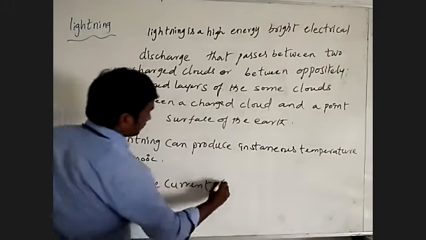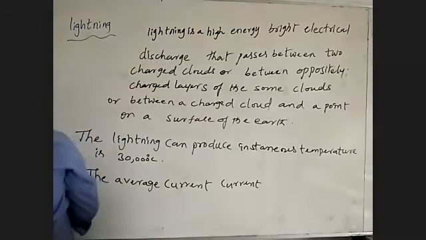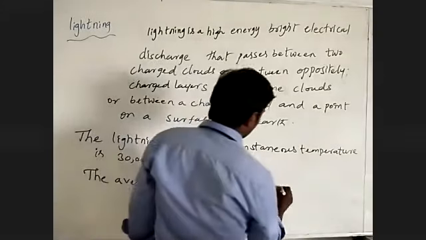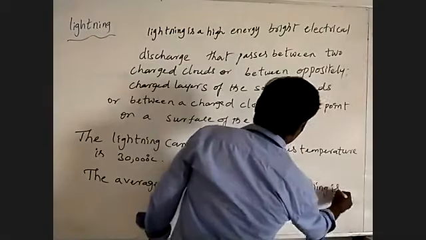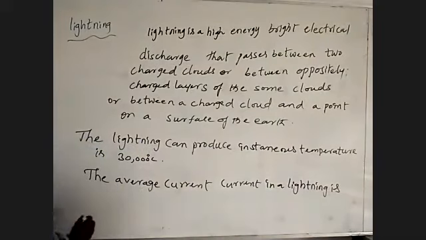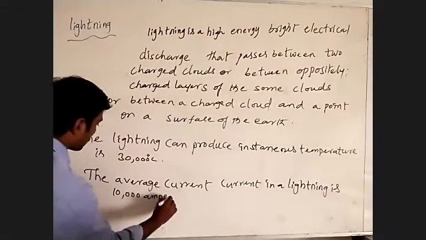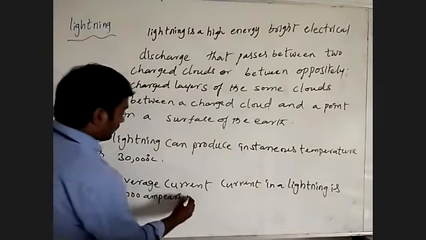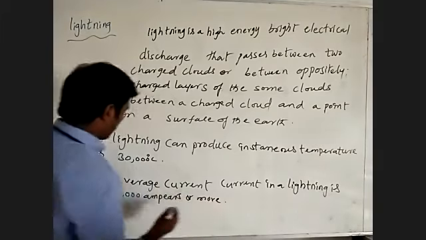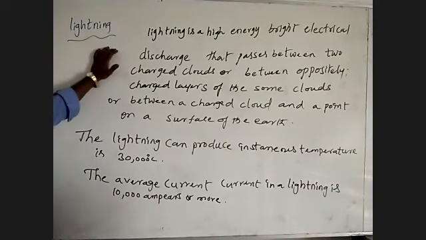The average current in a lightning is 10,000 amperes or more.